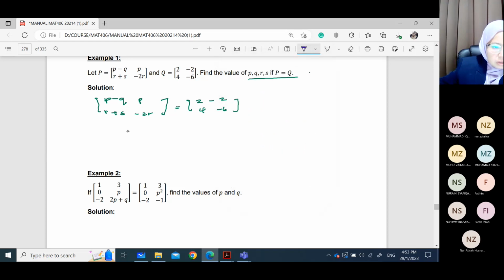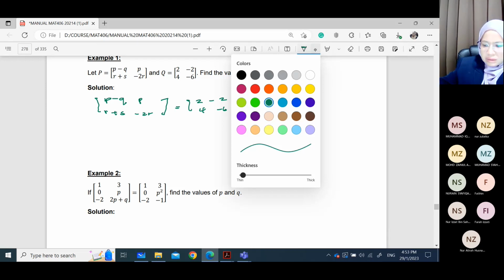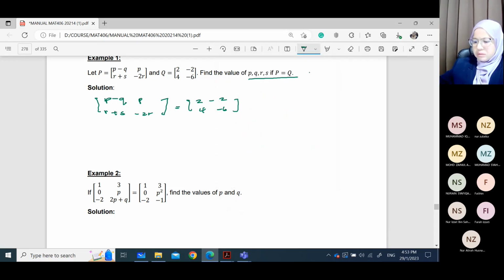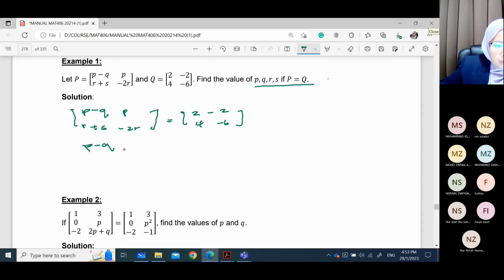So elemen dia, using color. Which is P minus Q equivalent with 2. Okay. So P sama juga dengan negative 2.